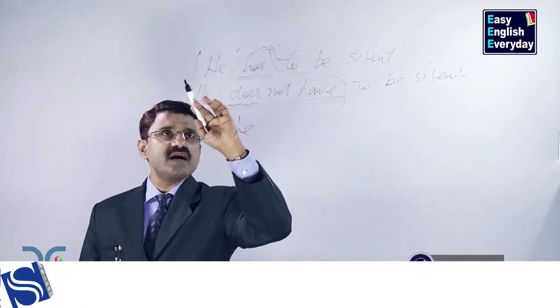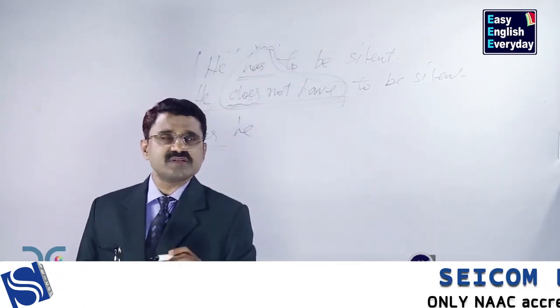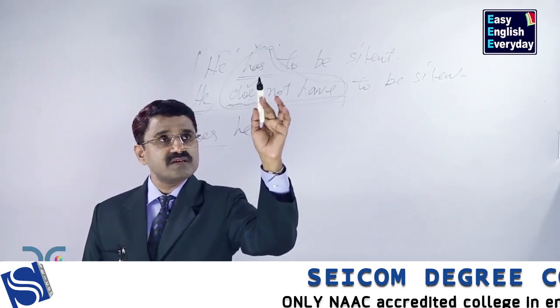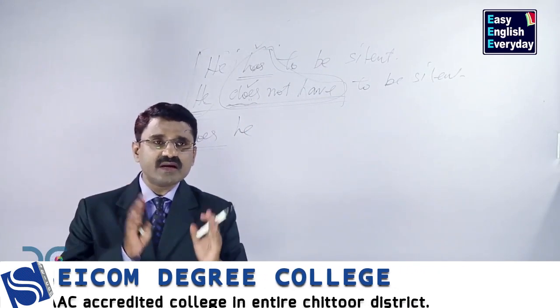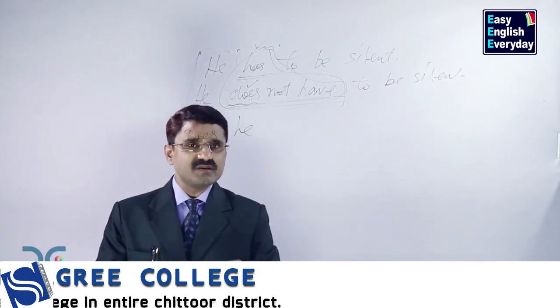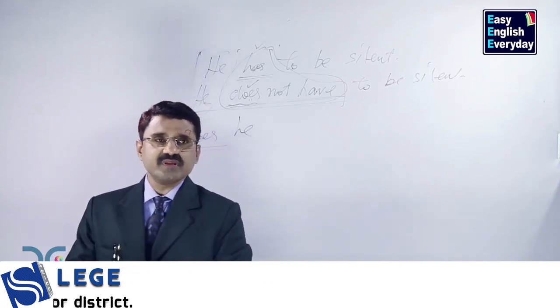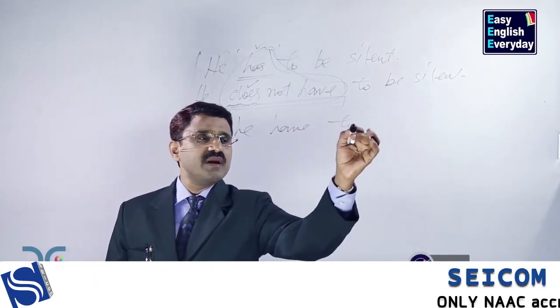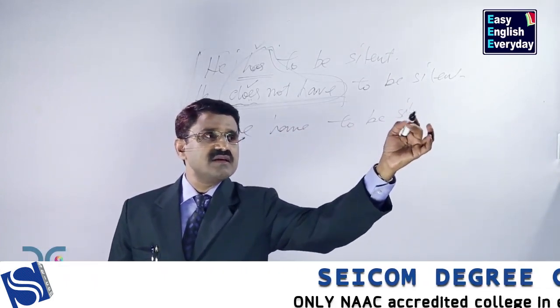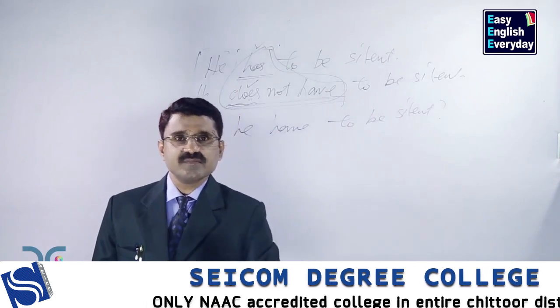Here "does" is absent, so "has" is present. Here "does" is present, so "has" is absent. These two don't get along with each other. Any one of them should be there in the sentence. Does he have to be silent?